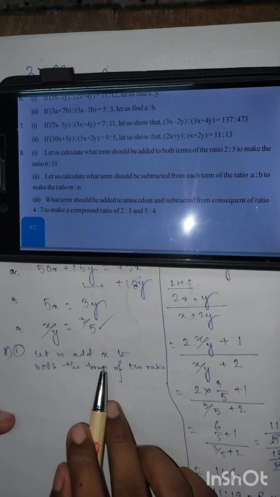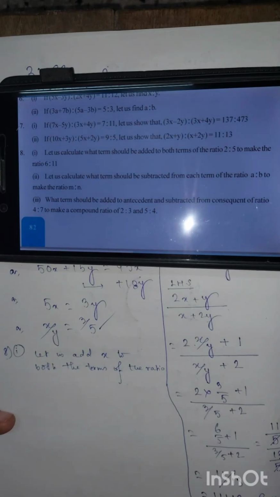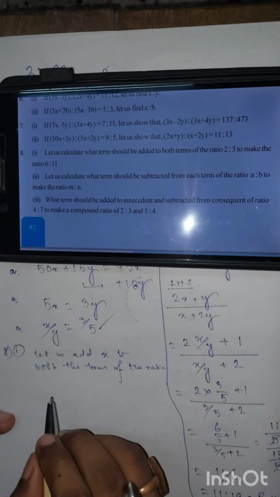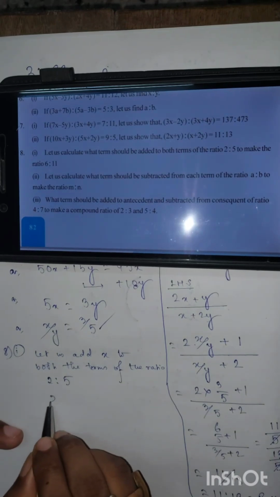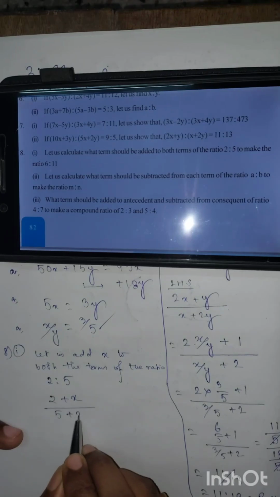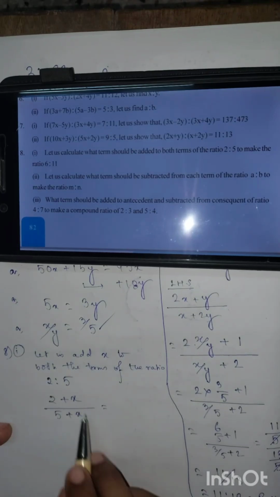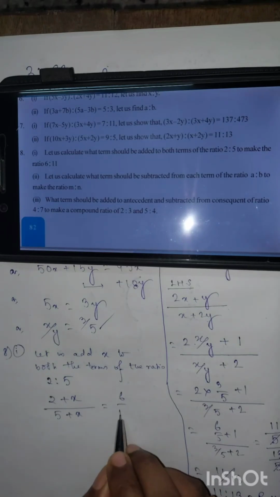Let us add x to both the terms of the ratio 2 is to 5. So it can be written as 2 plus x by 5 plus x. So the new ratio is equal to 6 by 11.